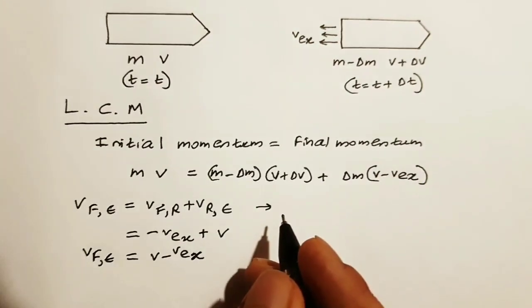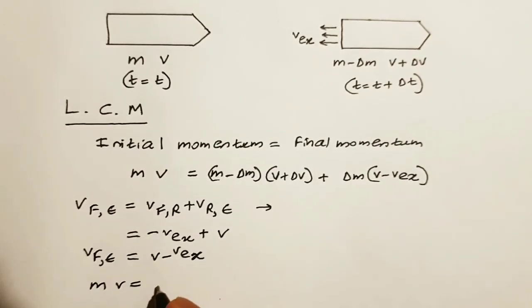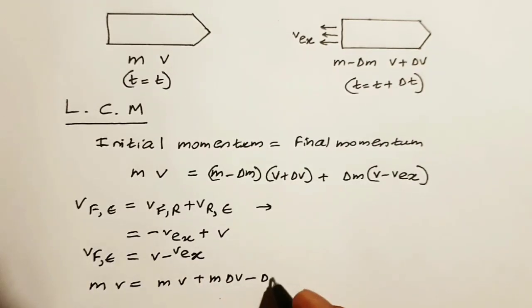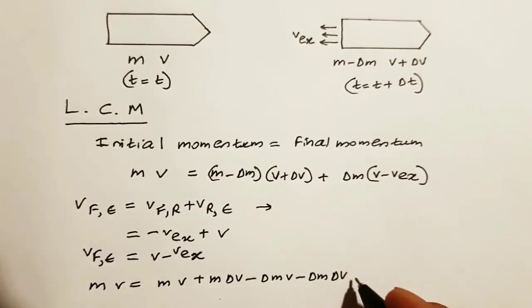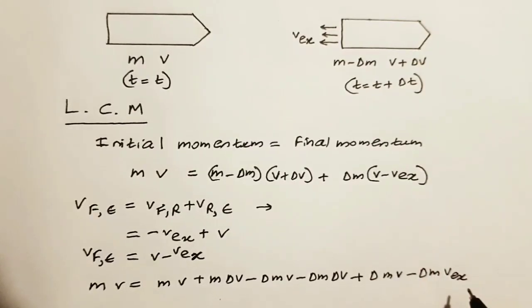Now we can simplify the equation further. So m times v is equal to m times v plus m times delta v minus delta m times v minus delta m times delta v plus delta m times v minus delta m times v exhaust.